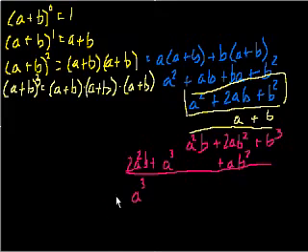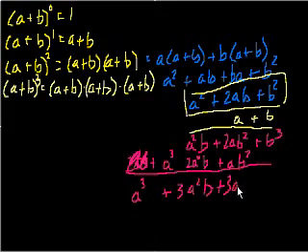And then we already had this 2a squared b, because I had an a squared b here. So we have a cubed plus 2a squared b plus a squared b, that's 3a squared b. And then 2ab squared plus ab squared, well, that's 3ab squared. And then plus b cubed.